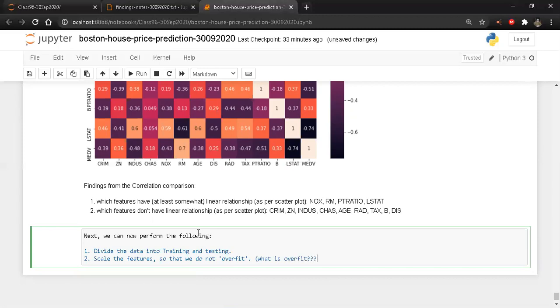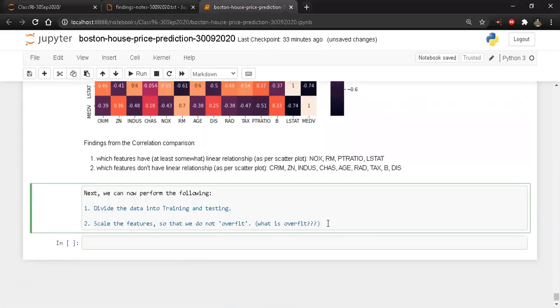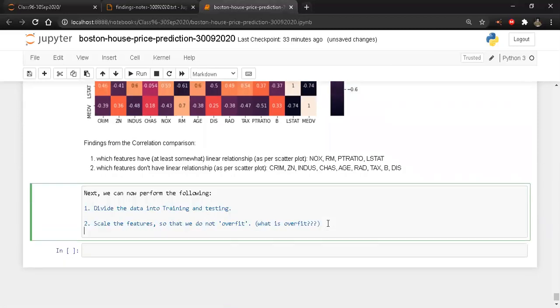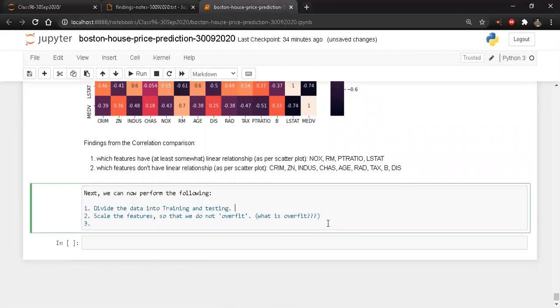So we are going to write it over here, and then what we are going to do, we will perform VIF and RFE to understand which features contribute more towards my model.